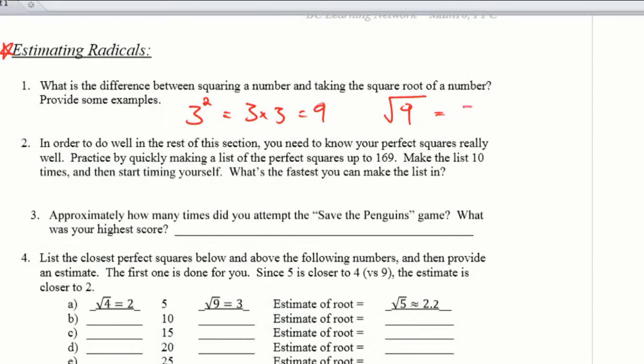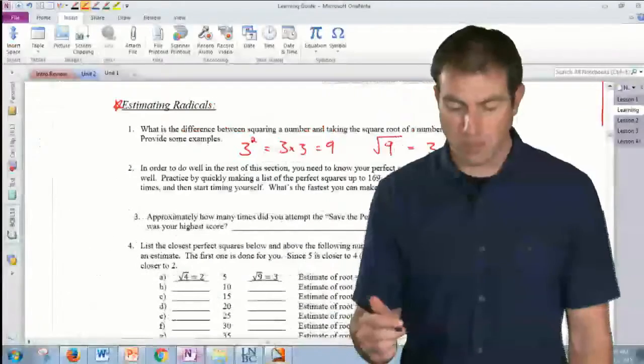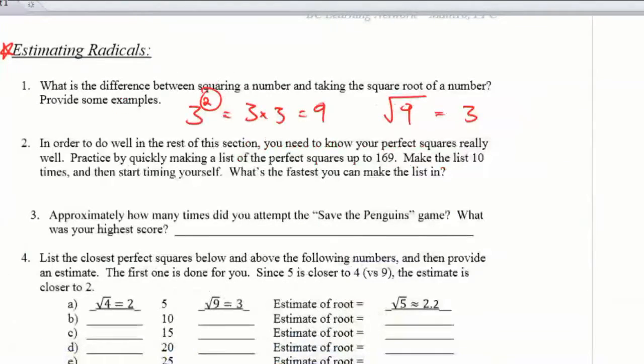So in this case, 3, because 3 times 3 gives me 9. So squaring and the square root are opposites of one another. If you square something and take the square root, you should end up at the same spot. So in this case, 3 squared is 9, square root of 9 is 3.